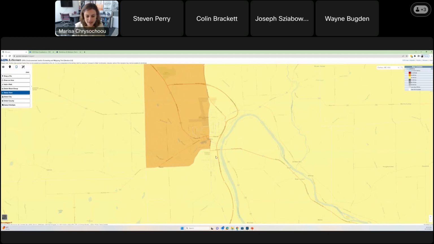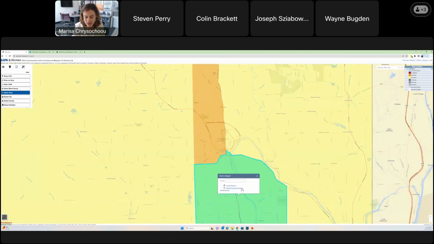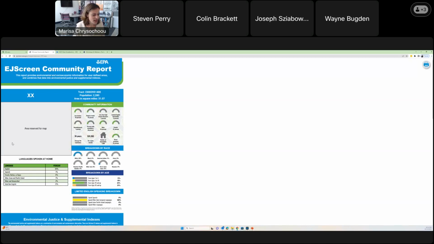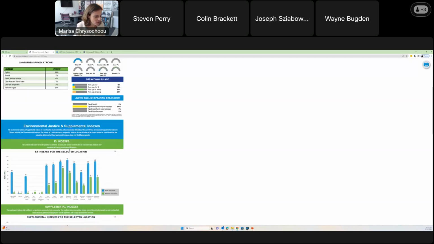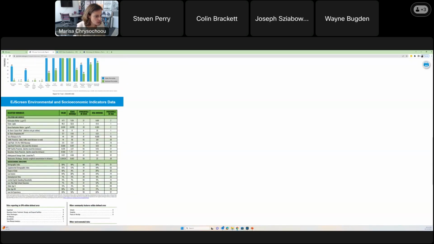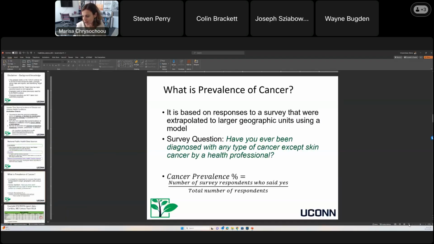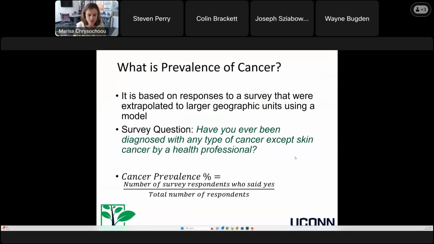So I will click on my census tract and take the EJ-Screen Community Report. And when I scroll down here, it will give me health indicators. So these health indicators are the ones that you want to be using to build your narrative for your target area. So I will return back to my presentation here and show you now how you use this.